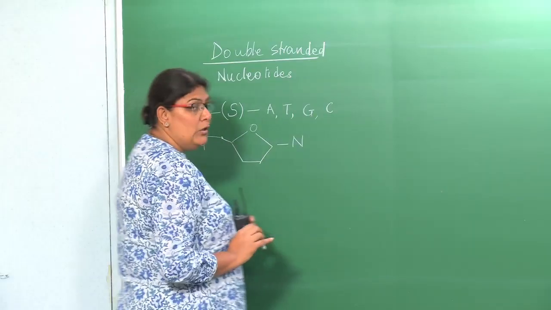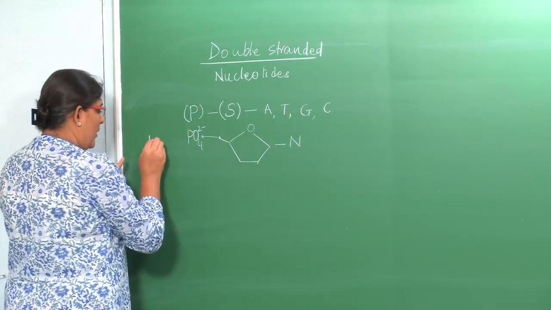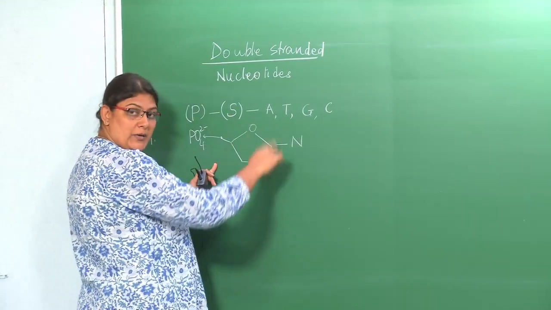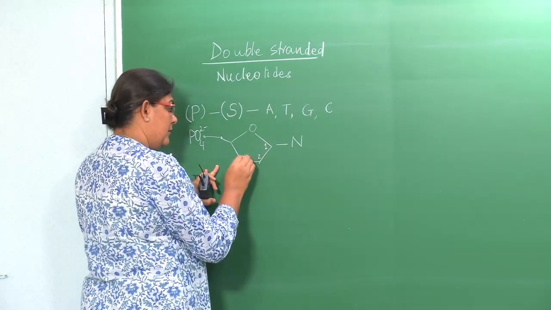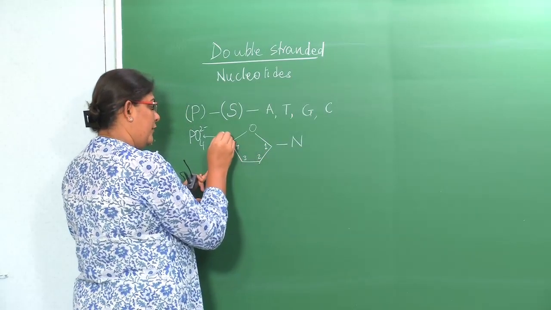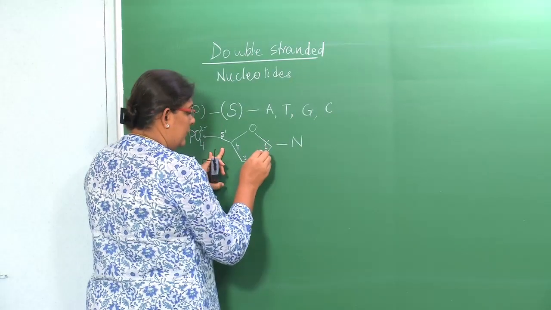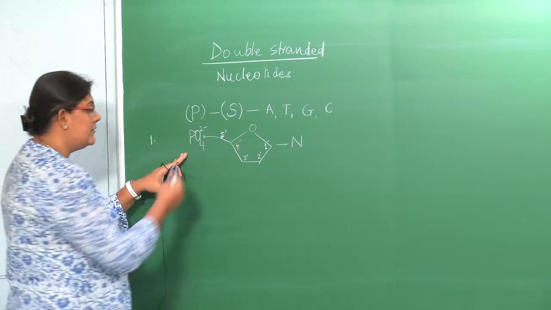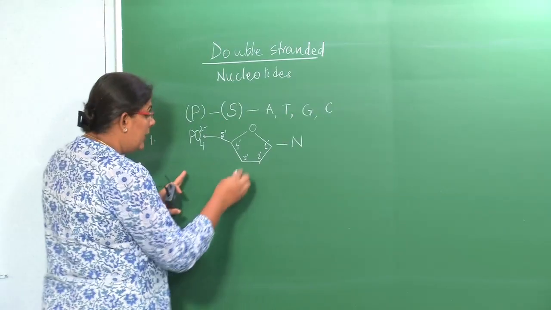Now, let us say this is nucleotide 1. This nucleotide 1 in its pentose sugar has the first, the second, the third, the fourth and the fifth carbon, right.